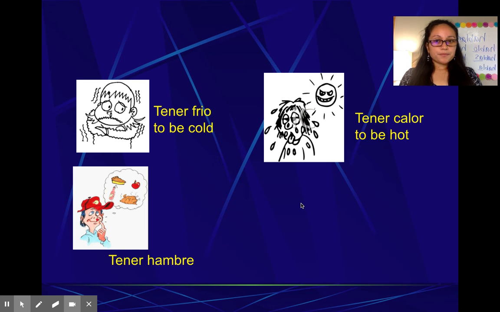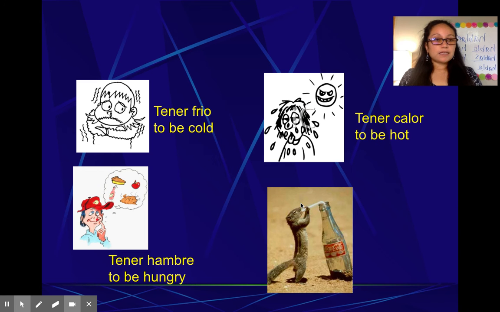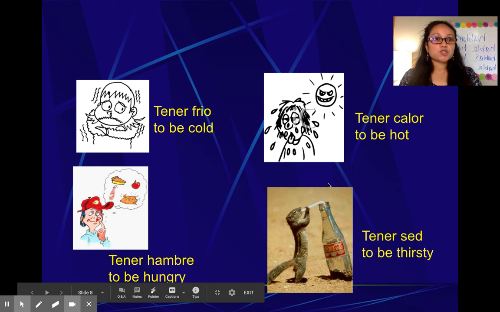Tener hambre. Tener sed. Estas expresiones son con el verbo tener. These expressions go with the verb tener.